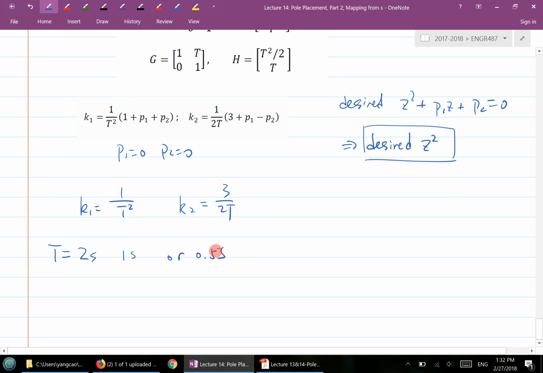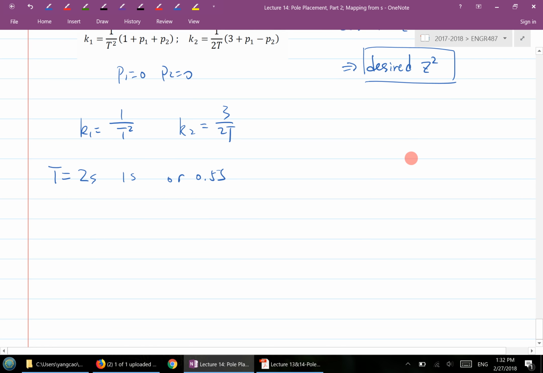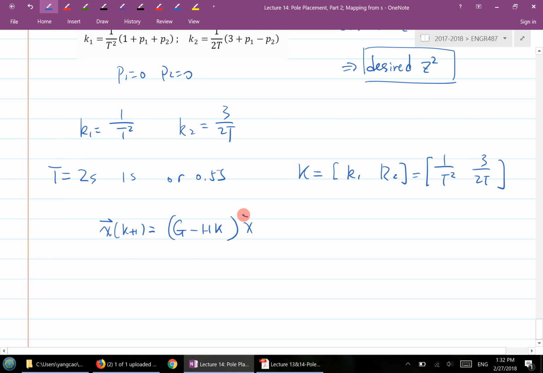So here's what we're going to do. Here's our K: capital K equals K1 and K2, which is of course 1 over t squared, 3 over 2t. I'm going to bring this capital K into the feedback of the system. That gives us the closed loop system, which is G minus HK times X of k.